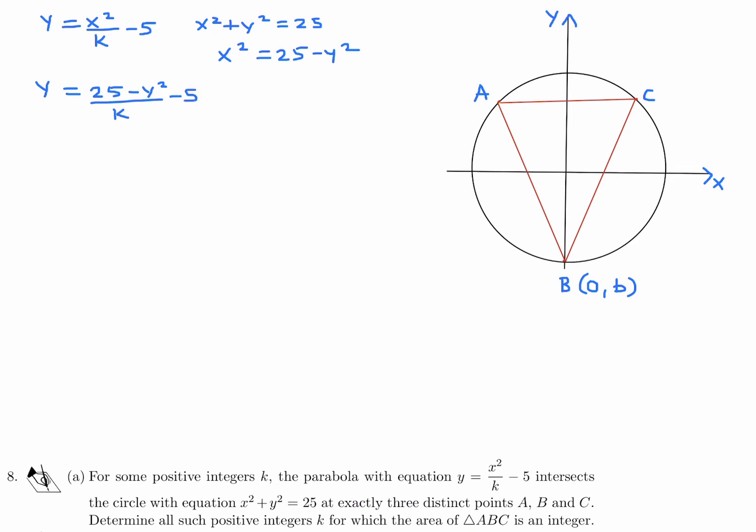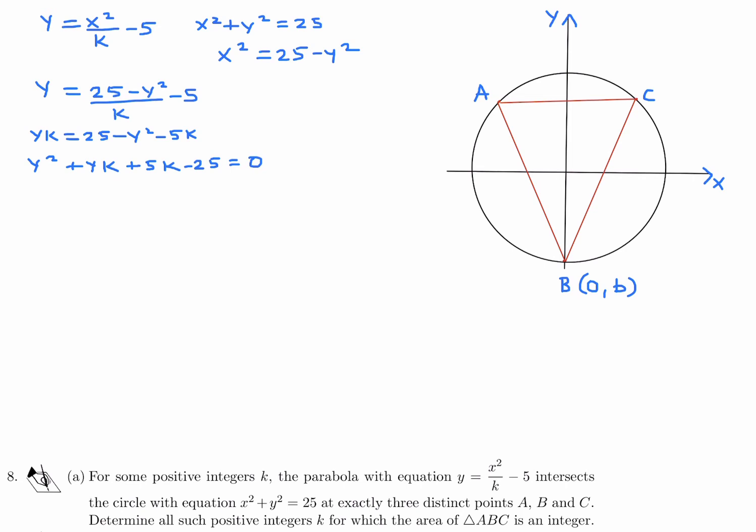And then if we solve this, multiply through by k, and put everything on one side, we get yk = 25 − y² − 5k. And when you put everything on one side, you get y² + yk + 5k − 25 = 0.